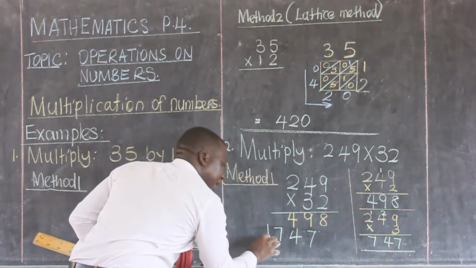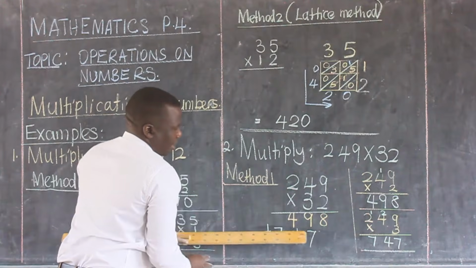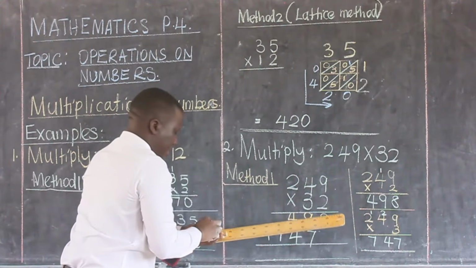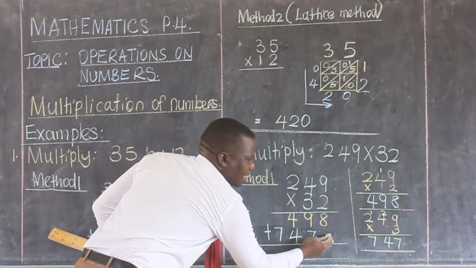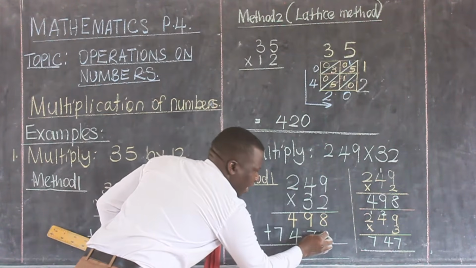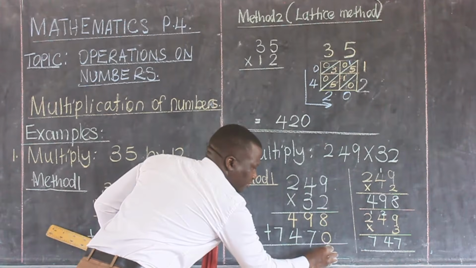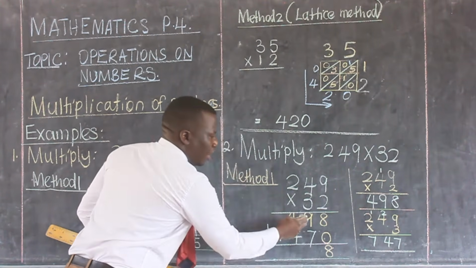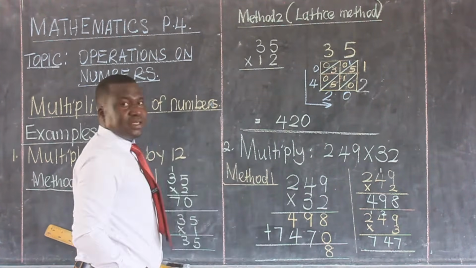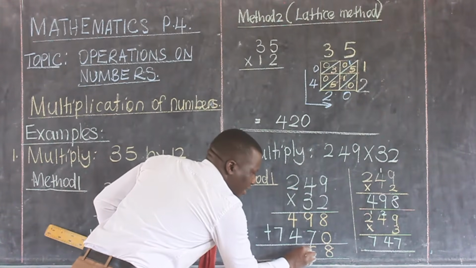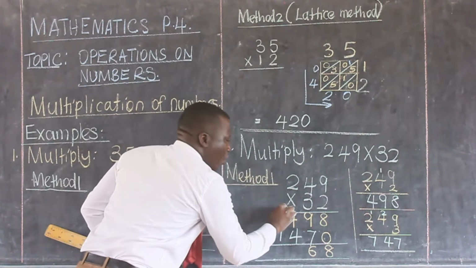Then we add. Okay? And when we add, here there is nothing. Feel free to put a 0 or you leave it. So now you have 8. Okay? You have 9 plus 7. You get what? 16. Write 6. Carry the 1.